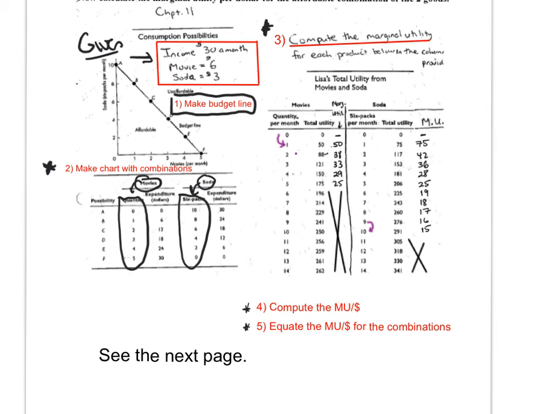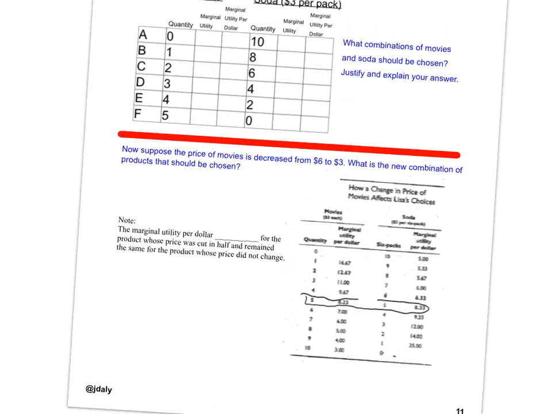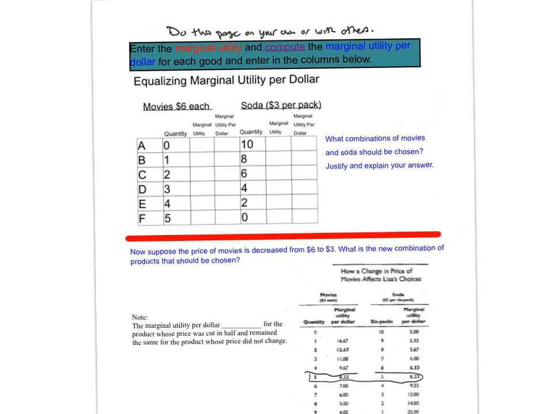Once again, we're not graphing at the midpoint, we're just doing it from 0 to 1, get 50 additional units. So we're putting that right there at 1. Do it for the other product. Then you're going to compute your marginal utility per dollar. And then you're going to find the combination where they are equated. You can do all that on this page. I have a table set up for you.